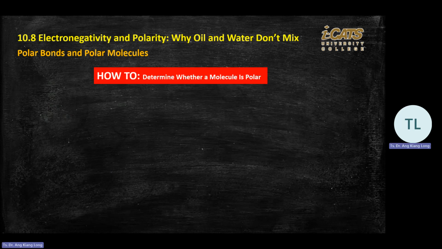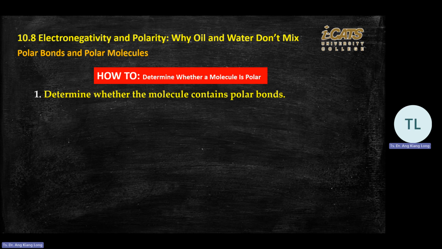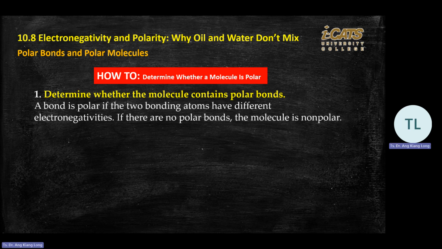This one you read. Okay, now it's important, because in a later chapter you need to identify whether a molecule is polar or non-polar. So how do we determine whether the molecule is polar? First step, determine whether the molecule contains polar bonds. You check the electronegativity.